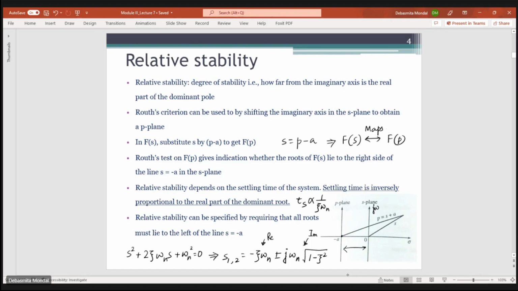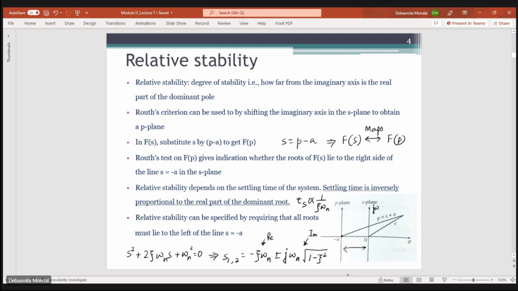First of all, the relative stability can be specified by requiring that all the roots must lie to the left of the line s equals minus a. So that means you will have a margin of 0 to minus a, and this is the margin of stability, you can say.